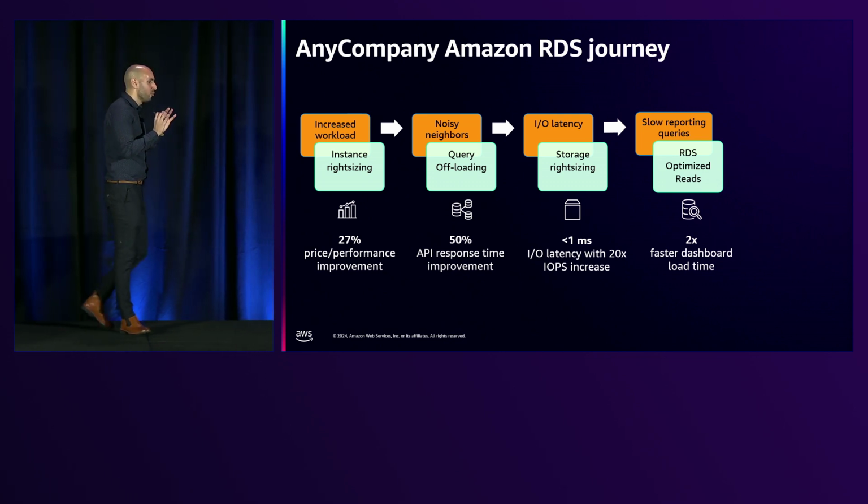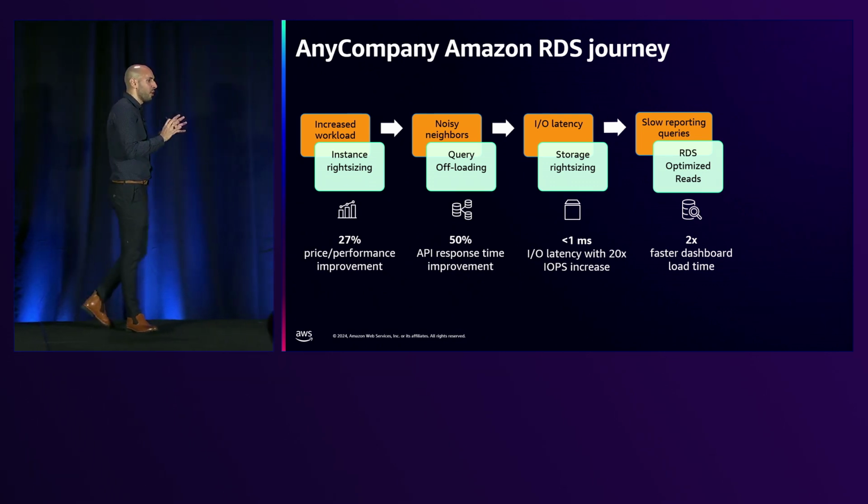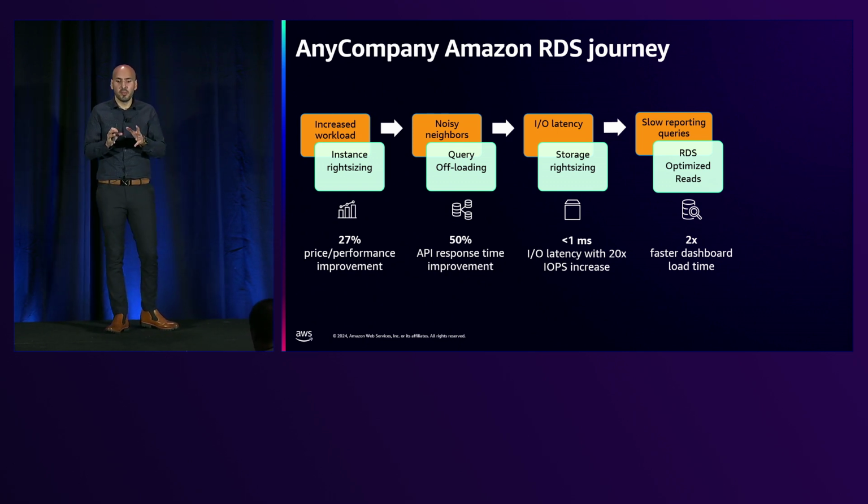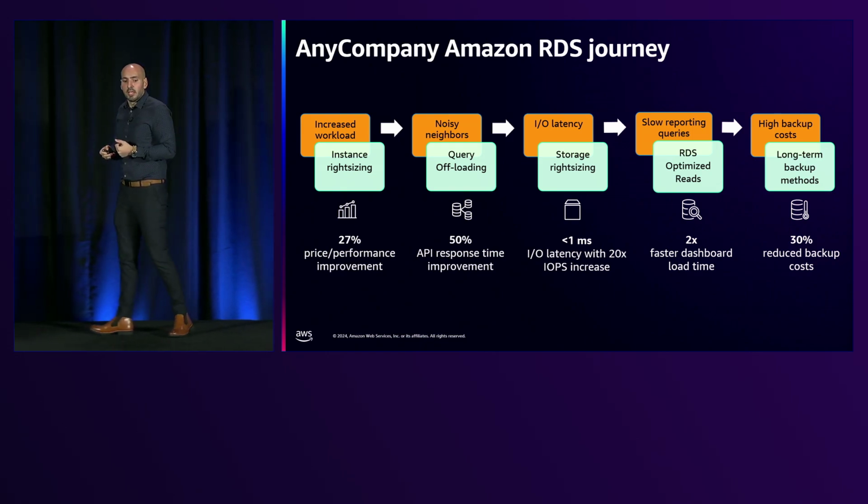So they create a lot of temporary objects on the EBS. And by moving to RDS Optimized Reads, we managed to improve performance by 2 times. And lastly, we had the issue of high backup cost, which we solved by using cost-efficient long-term backup methods like snapshot export to S3.